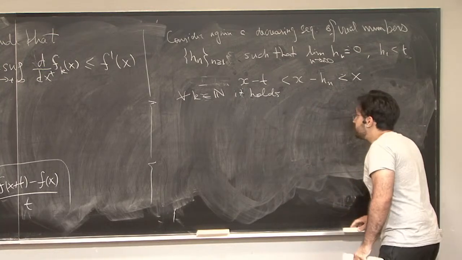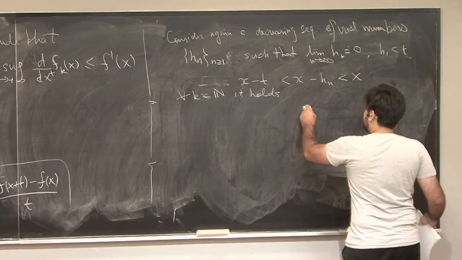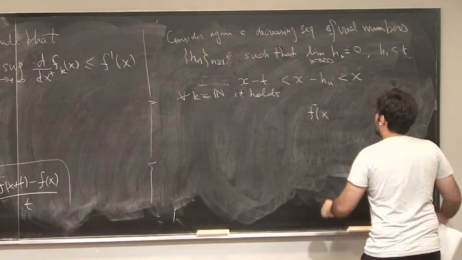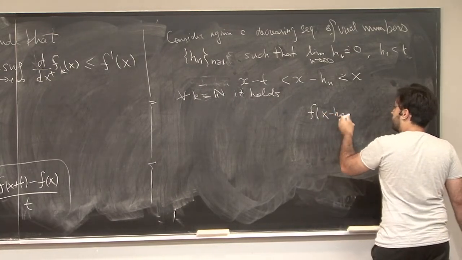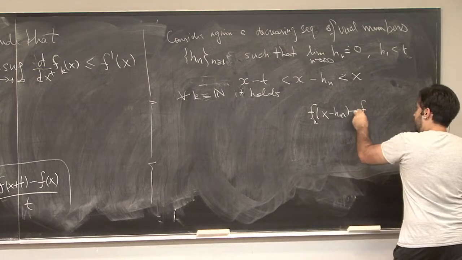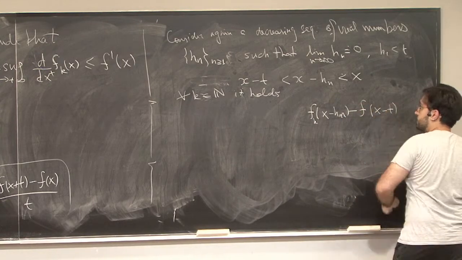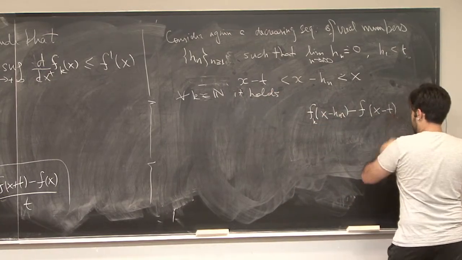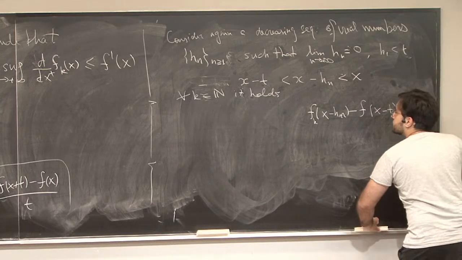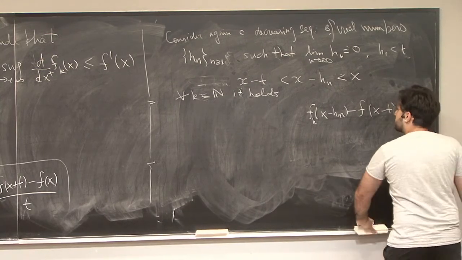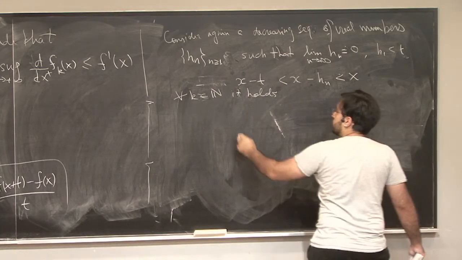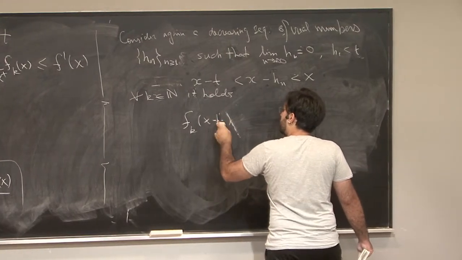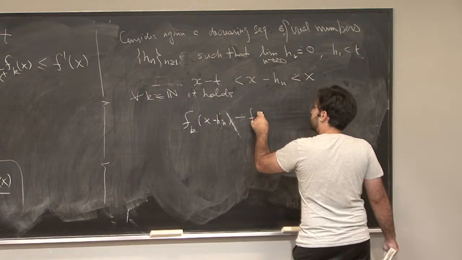It's not this one. I know that this one, h_n, fk, h_n, minus f of x minus t.